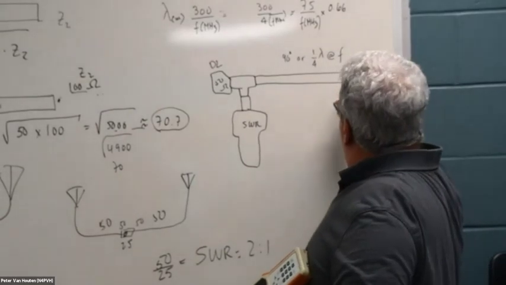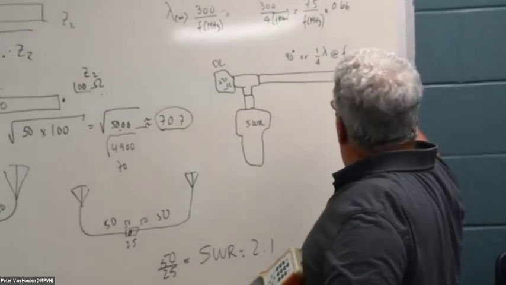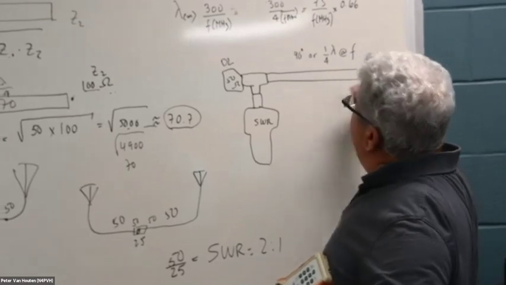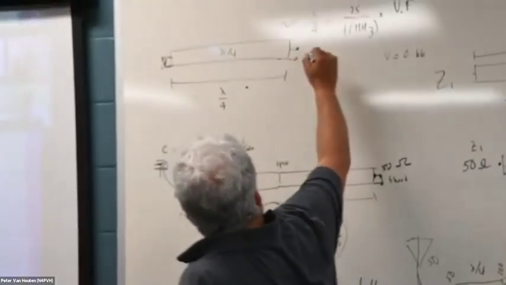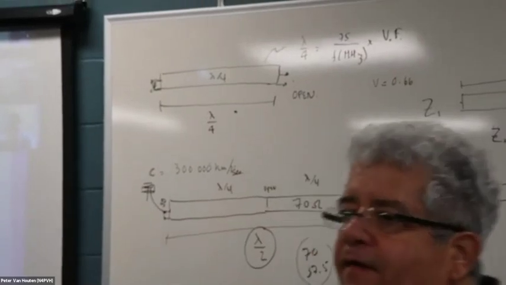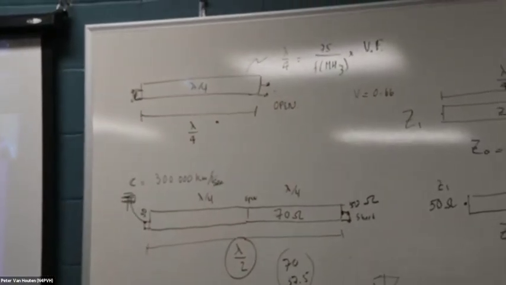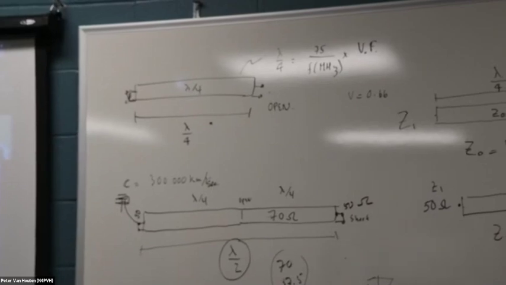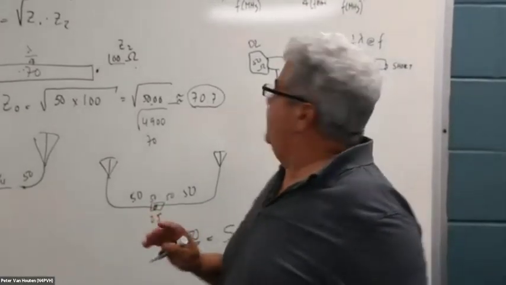Remember, if there's a short here on a quarter wave line, I'm going to see an open on the other side. It's just like nothing is connected to this side of the tip. In other words, the SWR should measure pretty close to 1:1.